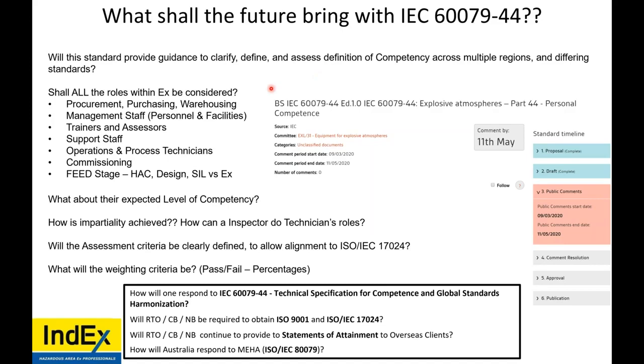Very good. So, will this standard provide guidance to clarify, define, and assess the definition of competency across multiple regions and standards? There seems to be a drive to amalgamate between EN, IEC, and the North American and other regions such as Australia to clearly define words such as competency, which is not defined in any North American standard, by the way.